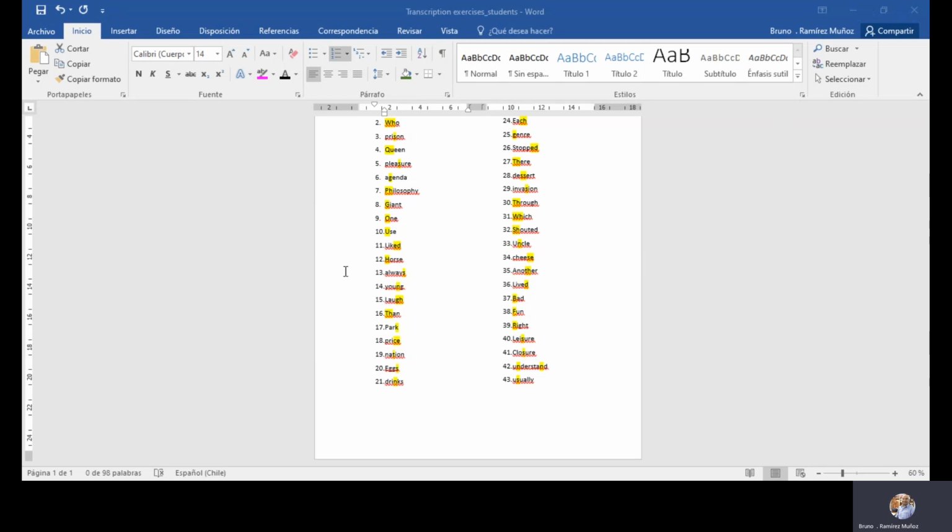So the idea is that you get used to the pronunciation of specific words. We always think we know the pronunciation of some words, but it's quite complex. We always have to make sure that we know the pronunciation of words, right?